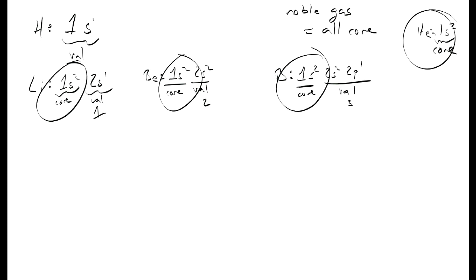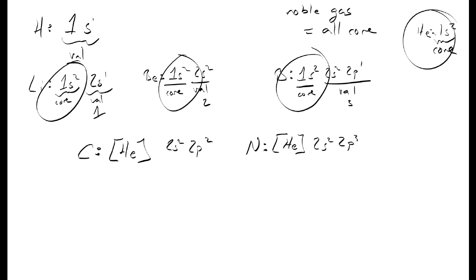They have different valence electrons, but they have the same core. So that is how we can abbreviate. Carbon has its core electrons that look exactly like helium, and then 2s2, 2p2. Nitrogen is helium, 2s2, 2p3.